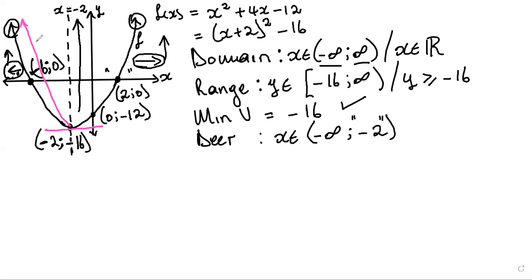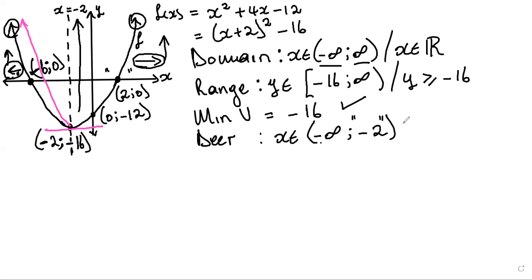So on the left of negative 2, you can see the function is decreasing. So meaning all the way from negative infinity up until negative 2, not including negative 2. That's why I used a round bracket. You don't include it because at exactly negative 2, we said the function is stationary. It's neither increasing nor decreasing.